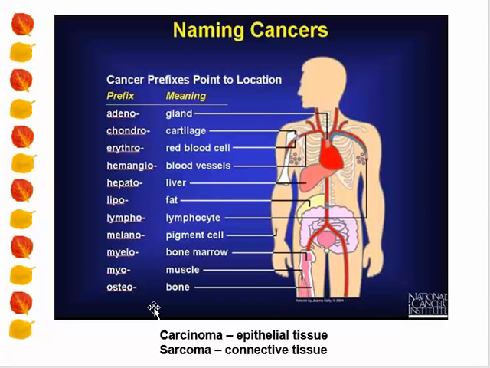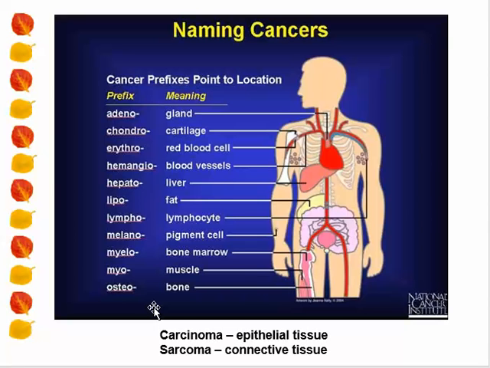Lymphoma is in the lymphocytes, oftentimes in a lymph node. Melanomas are in the pigment cells.